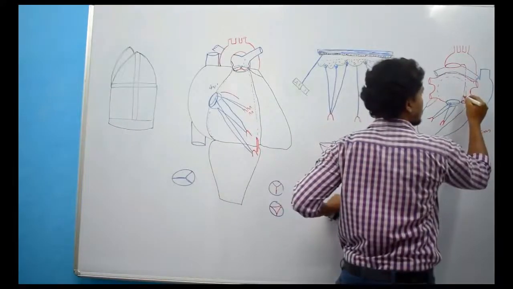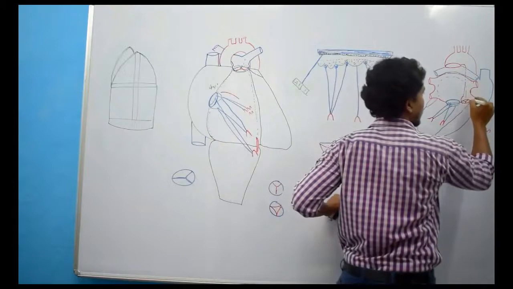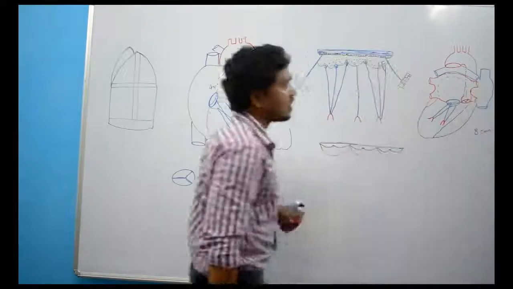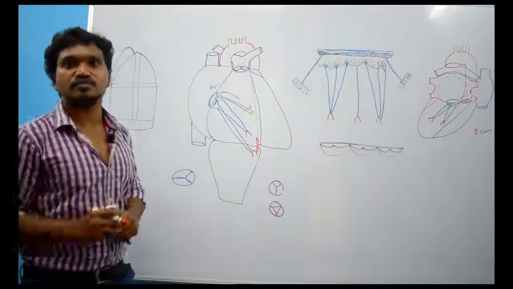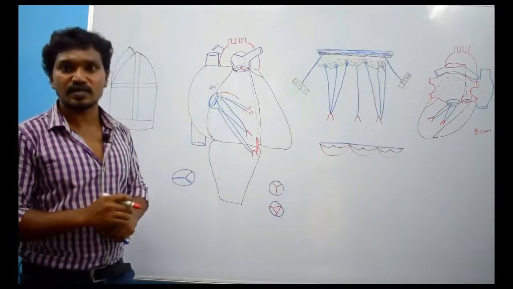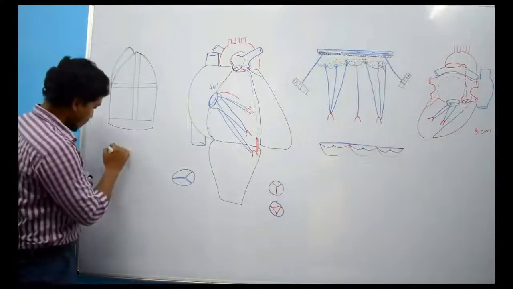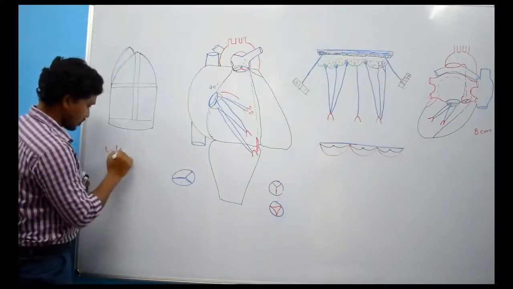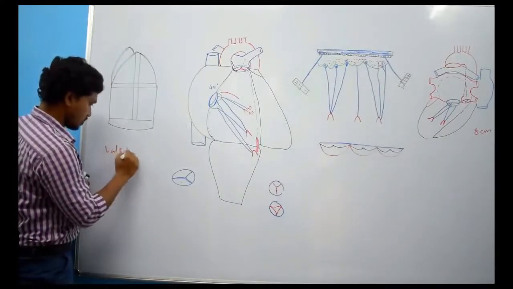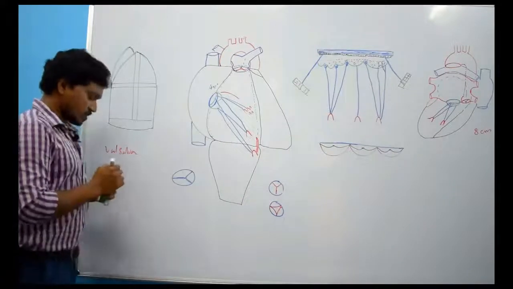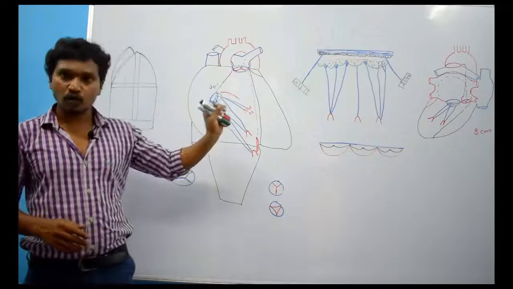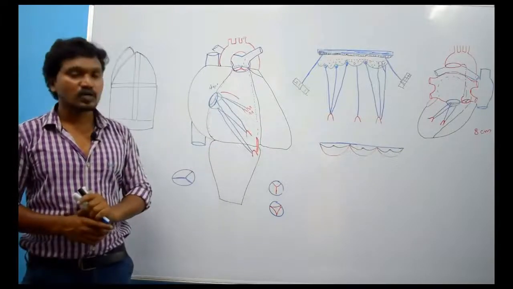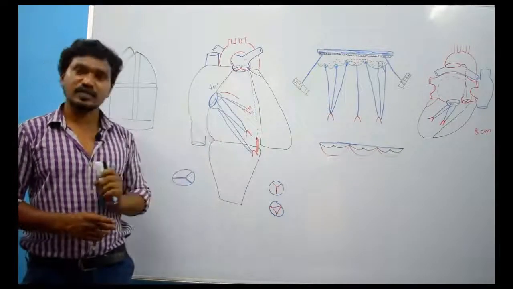This dilatation we call the aortic sinus. Aortic sinus of Valsalva. What is it? Aortic sinus of Valsalva. Clear? So that is about the interior of the left ventricle also.